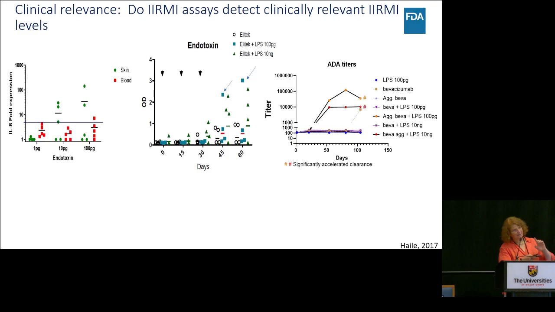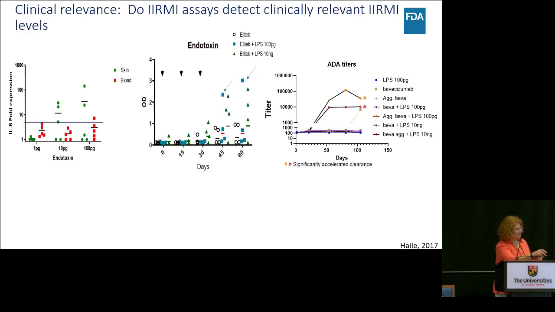We repeated a similar study more recently, and this one is not published, where we gave very low levels of endotoxin, 100 picograms, alone or together with a mAb, and the mAb was either a monomer or aggregated.